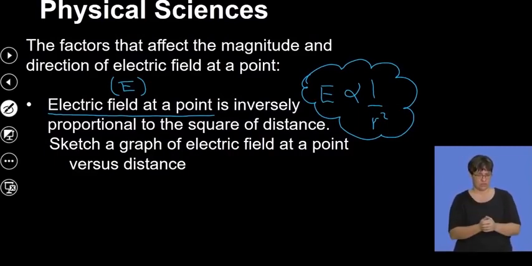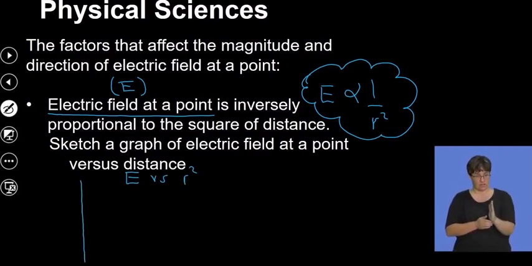So we've already identified our variables, and we know that for a graph, there are very important components of it. Number one, the title, which is E versus r squared, all right? This is what we are saying. Okay, so on the vertical axis, we've got the dependent variable, which is E. We must also indicate the units of E. The units of E are in Newton per Coulomb, right?